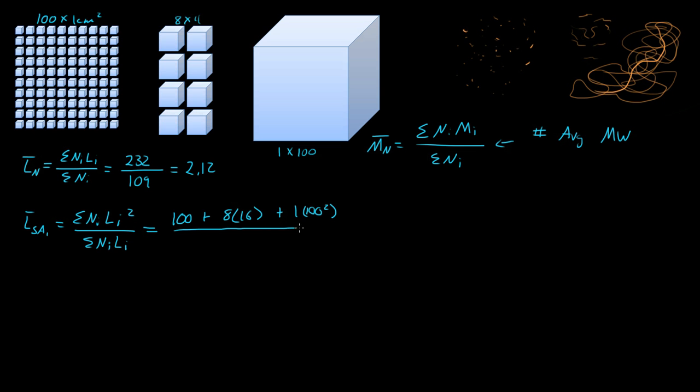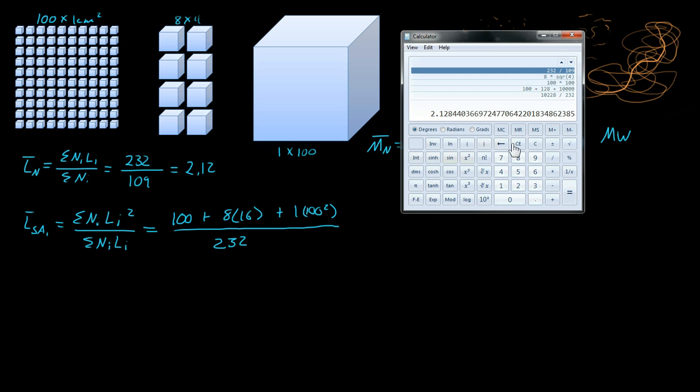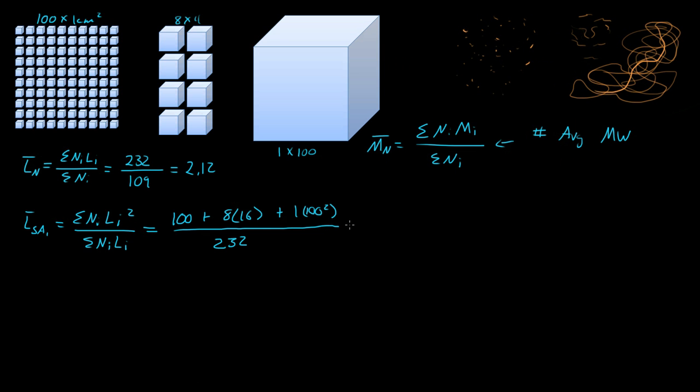And we divide that by the summation of all the Ni, and that's 232. 100 plus 128, plus 10,000, divided by 232, gives 44.08. So that's equal to 44. And again, if this was centimeters, the number average length would be 2.12 centimeters, while this average length would be 44 centimeters.